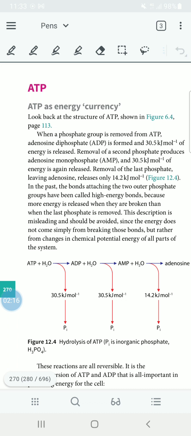So that means when binding one phosphate molecule into adenosine diphosphate, ADP, to convert it into ATP, you are trapping 30.5 kilojoules of energy in it. Then if you remove another phosphate from ADP, you will get adenosine monophosphate or AMP, and again 30.5 kilojoules of energy is released. However, if you remove the last phosphate just to leave adenosine, then it releases only 14.2 kilojoules of energy. That is a little less than half.